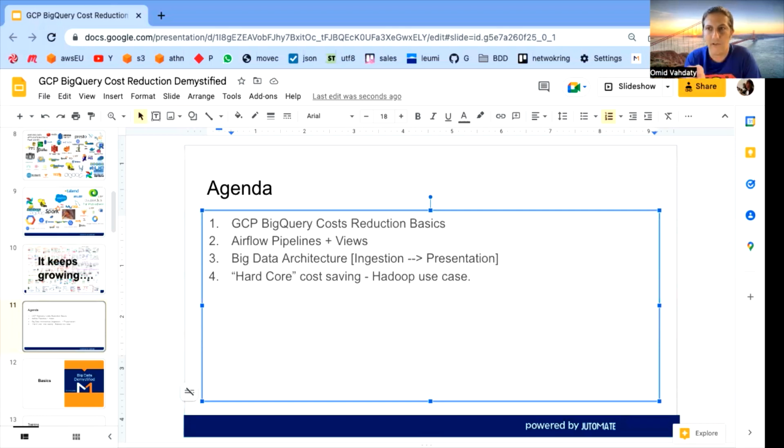This lecture assumes you know a little bit about BigQuery. If not, please let me know. We can do a short discussion and take it from there. We're going to talk about pipelines versus views, and we'll talk about architecture and a cost-saving use case using Hadoop for data processing.